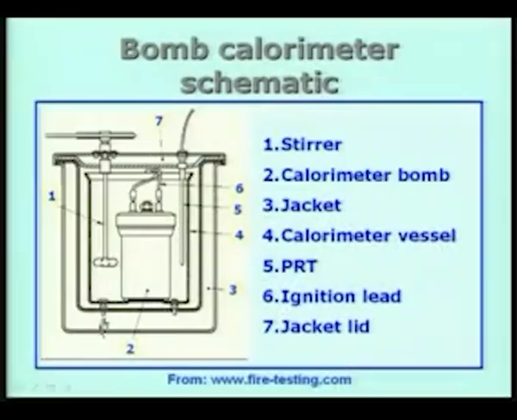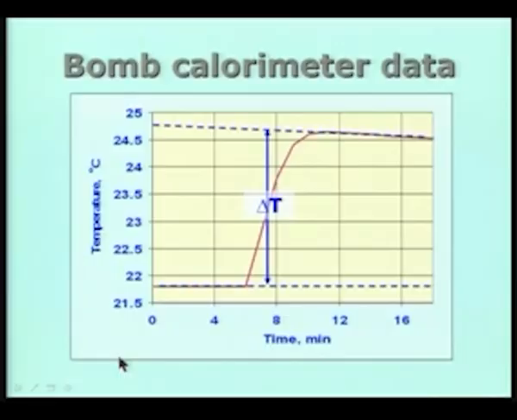So, let us look at the kind of temperature data which we are going to obtain. The bomb calorimeter data is shown here. This is the temperature axis, this is time in minutes. The record has been started at 0 minutes, and up to about 6 minutes or so there is no combustion, the temperature is just remaining constant, and at this point the combustion process has been initiated.